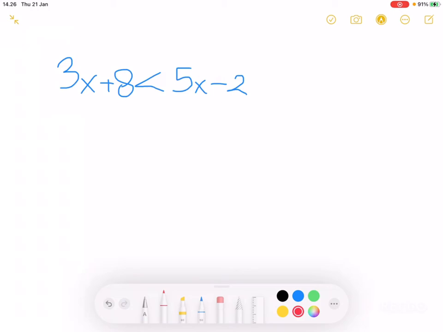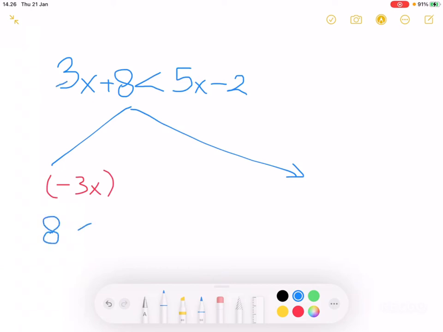I'll do it both ways. By subtracting 3x from both sides, these cancel. We have positive 8 on the left-hand side, and 5x minus 3x is positive 2x, minus 2. Then we can add 2 on both sides.